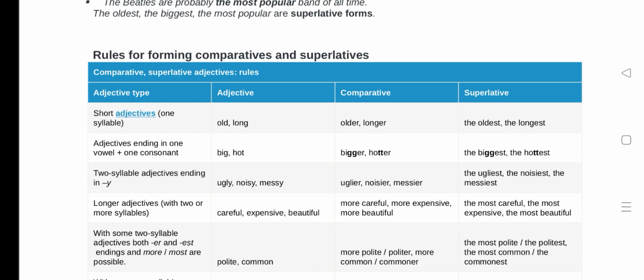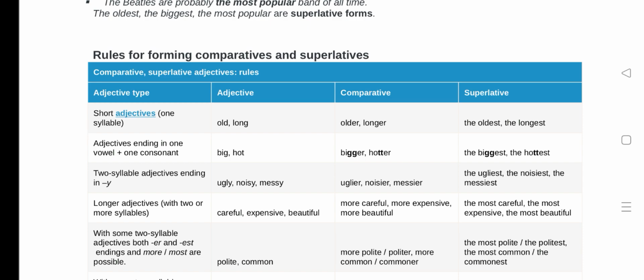When it is a one syllable adjective, how do we use it? The adjectives old, long are one syllable adjectives. Comparative will be older, longer, and the superlative will be the oldest, the longest.